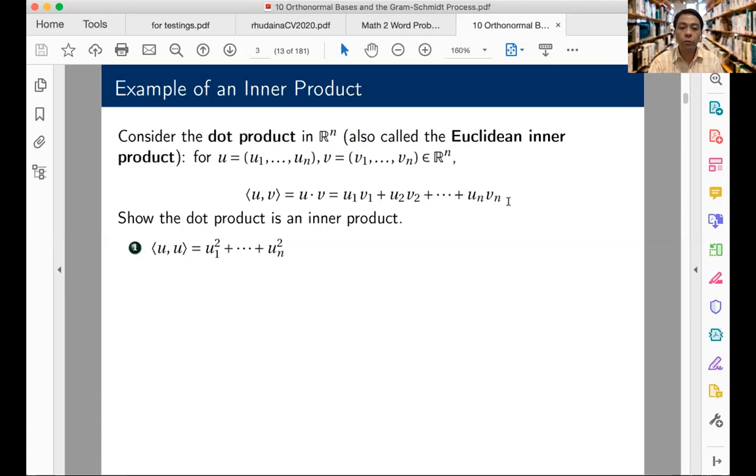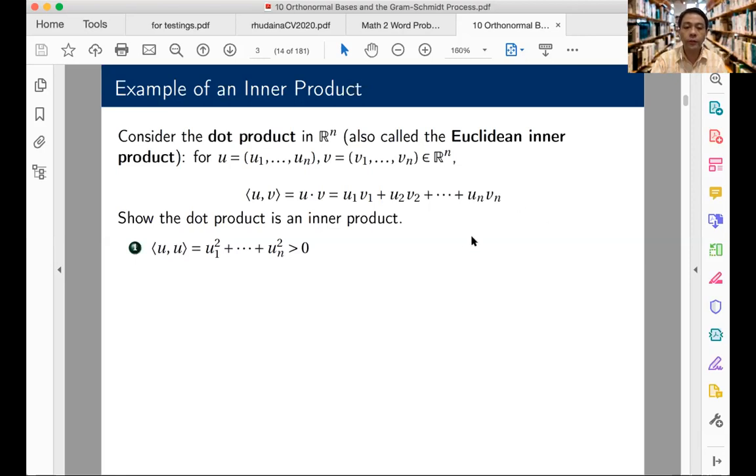If U is not equal to the zero vector, then the sum will be strictly greater than zero because at least one component of U is not equal to zero, so at least one squared term is a positive value.